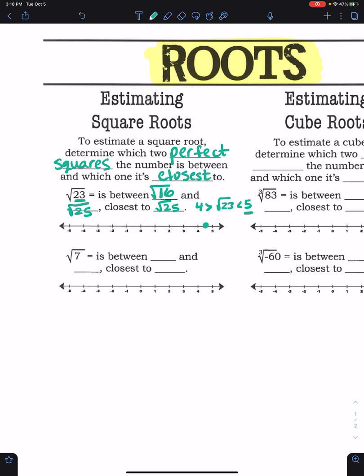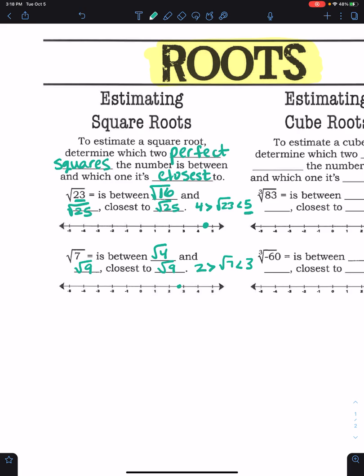The square root of 7 is between the perfect square 4 and the perfect square 9, and it's closest to the perfect square of 9, so it's somewhere between 2 and 3. It's bigger than 2. It's less than 3. It's closer to 3. So I'd put that right here on my number line.